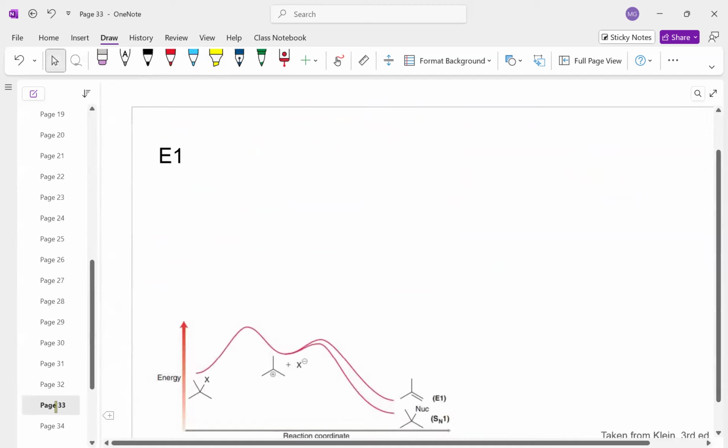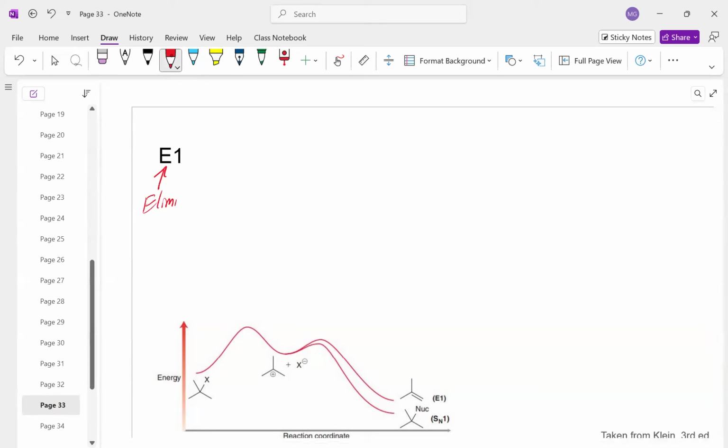Now, let's compare this to E1. So again, to review, E stands for elimination, and the 1, like SN1, stands for unimolecular.